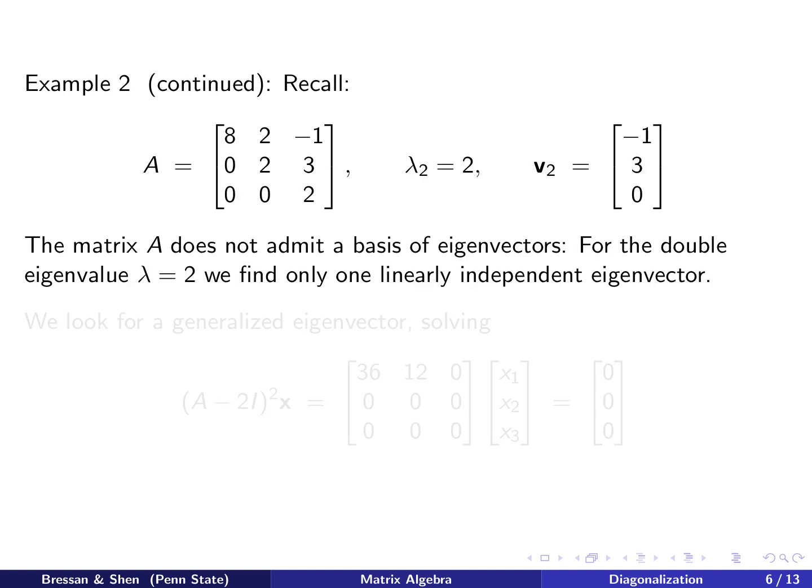Let's continue that second example we had earlier, where we only managed to find one eigenvector. So A is here, lambda 2 is a double eigenvalue, and then we found one eigenvector here.